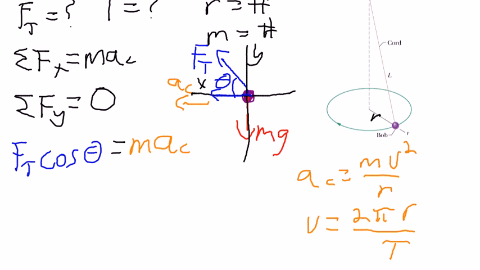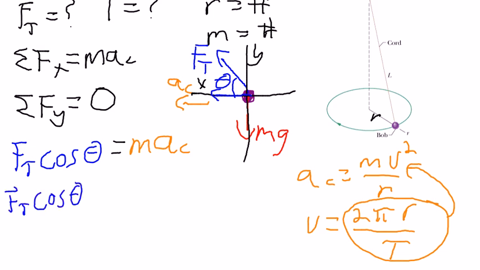All of this is our velocity v. So if we want, we can rewrite this as Ft cosine theta equals m times v squared over r, and then you can make this substitution for v to get the period.